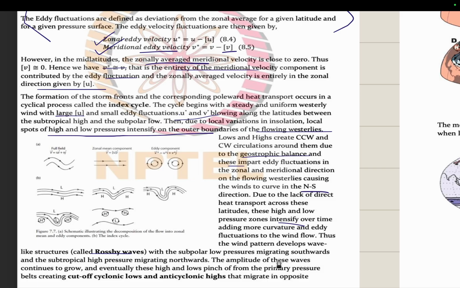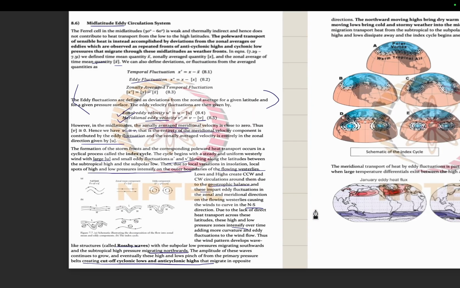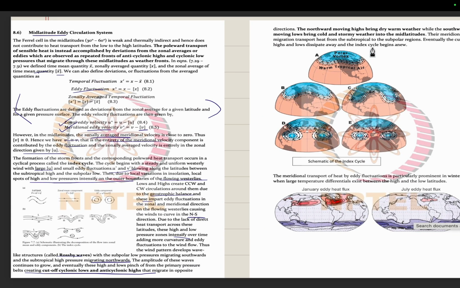With the subpolar low pressure migrating southwards, and the subtropical high pressure migrating to the north, the amplitude of these waves continues to grow, and eventually the highs and lows pinch off from the primary pressure belts, creating cut-off cyclonic lows and anticyclonic highs that migrate in the opposite directions.